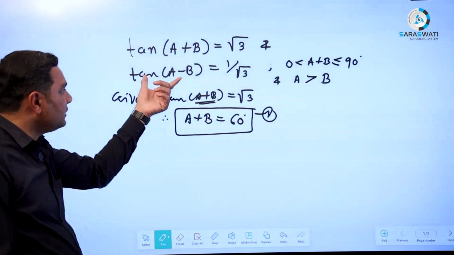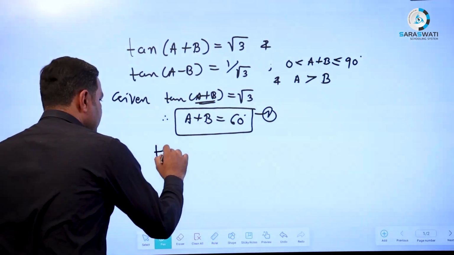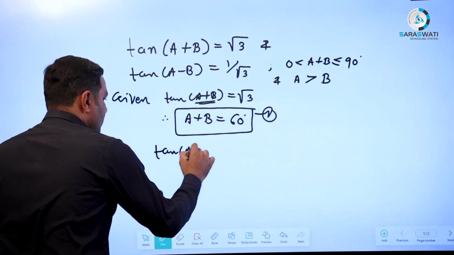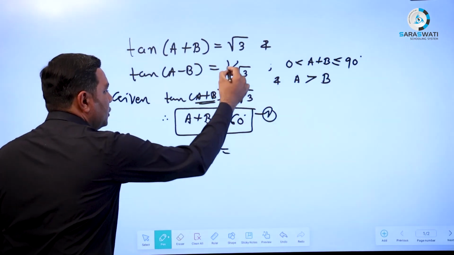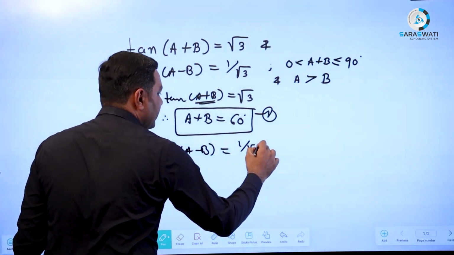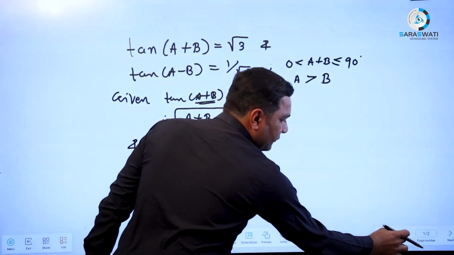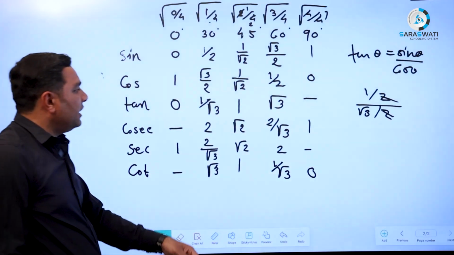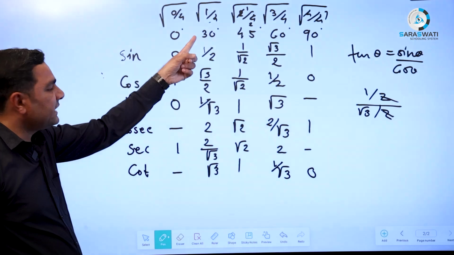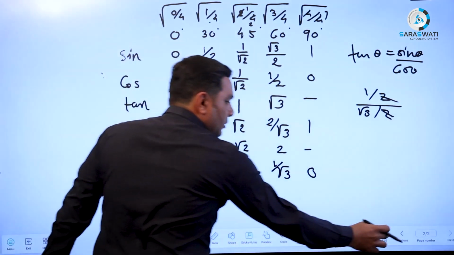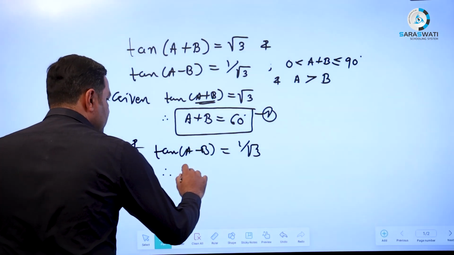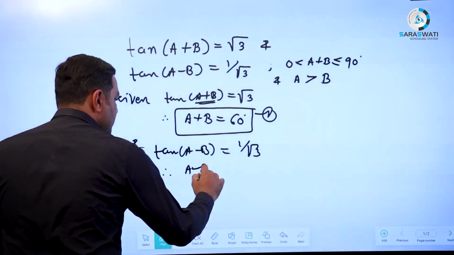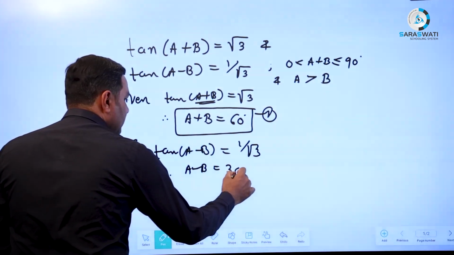Followed by the other one, tan(A minus B) gives the value 1 by root 3. Again, if I refer to my table, 1 by root 3 in the table of tan comes at 30 degrees, right? So simply replace this with the equation A minus B equals 30 degrees.